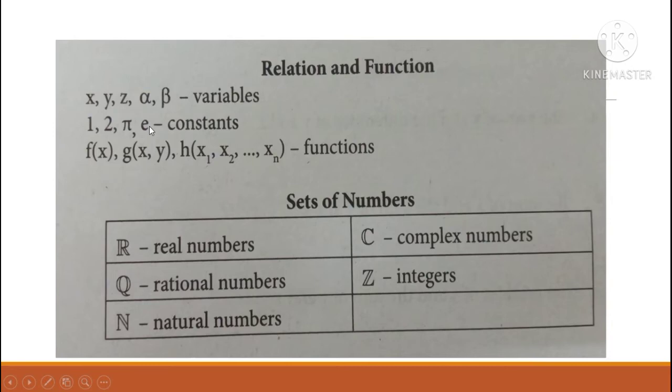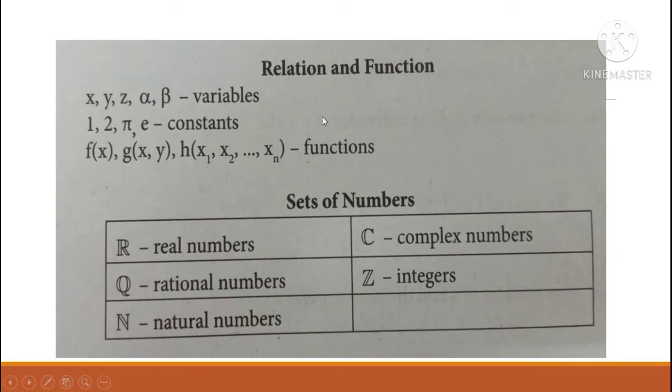The value of Euler's constant is 2.718. Remember, the value of constant e is 2.718. And what is the value of pi? This is the constant called pi, with the value of 3.14.